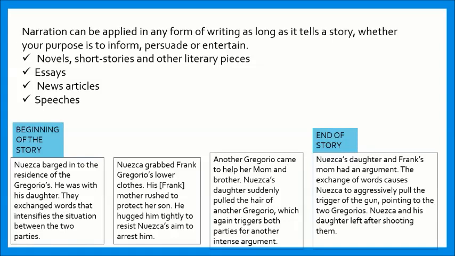So if you are an aspiring journalist, an aspiring news writer, an aspiring broadcaster, and you are asked to write a write up about an event, what you do is you have to narrate the story to inform your readers about what happened.